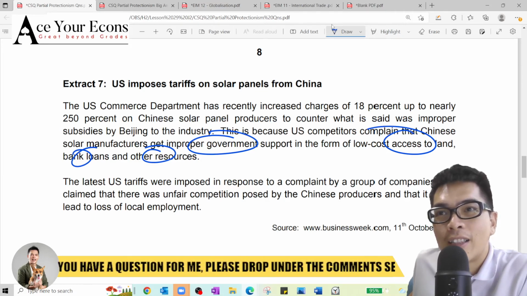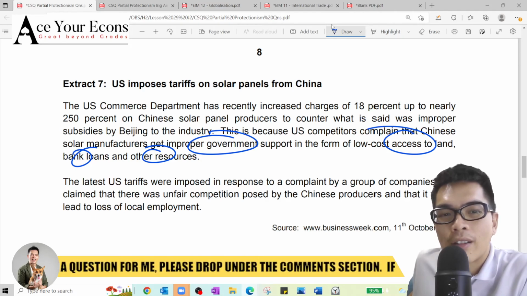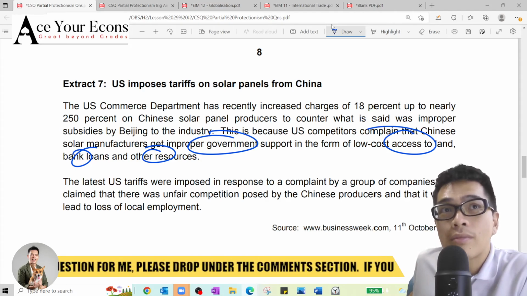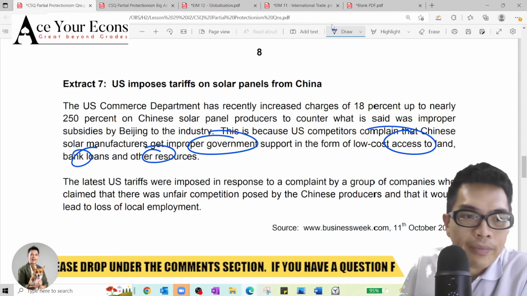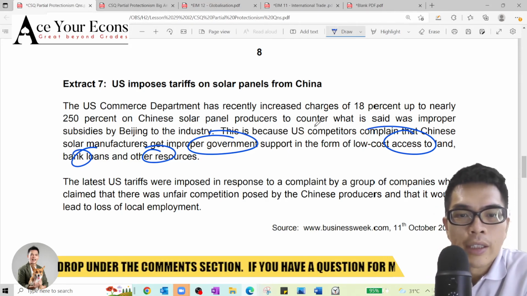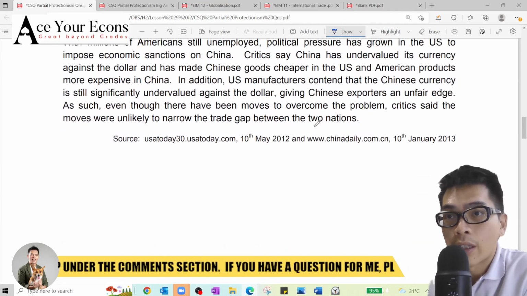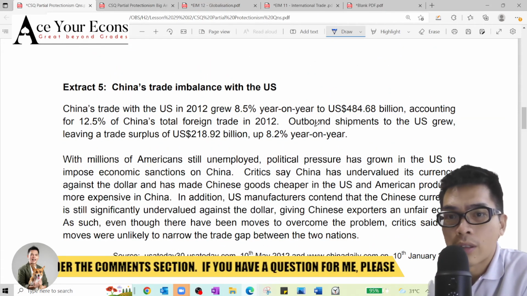Under the D word, what does the D word suggest? Dumping, right? You can see here, the Chinese manufacturers receive export subsidies. And that's why there's a need to impose trade barriers, trade tariffs, especially import tariffs.